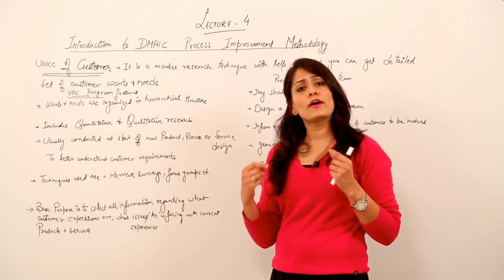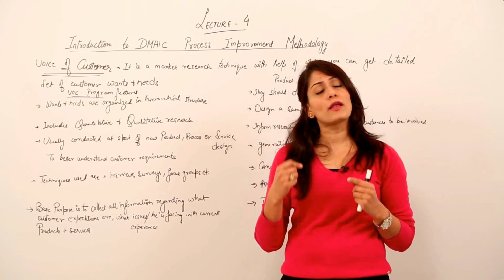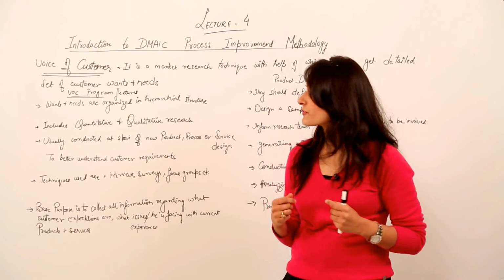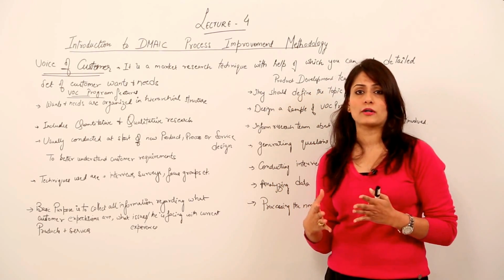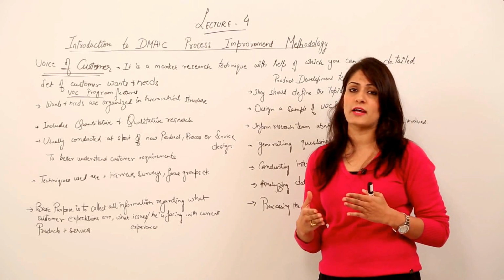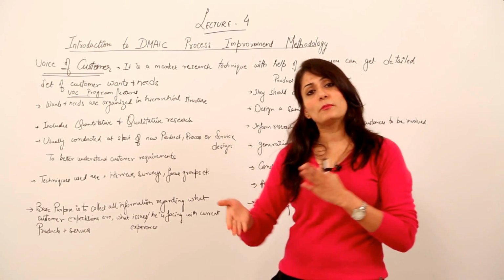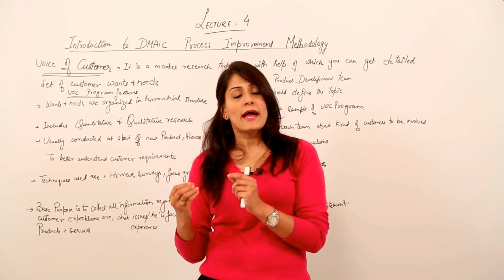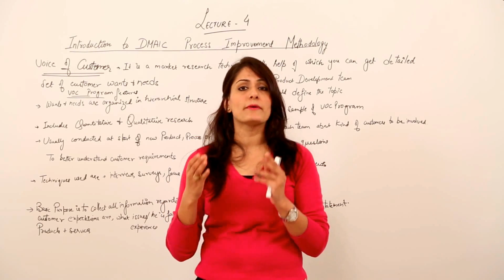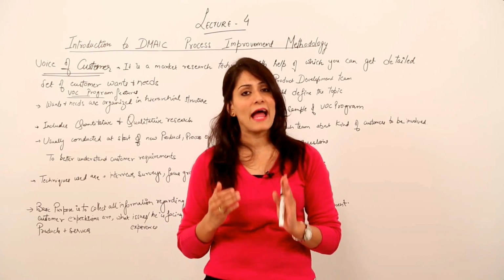And then voice of customer includes both qualitative and quantitative research. Usually it's conducted at the start of a new product or a process or a service design, so that before producing a product we should know what is our target customer and what are his expectations from our products and services.